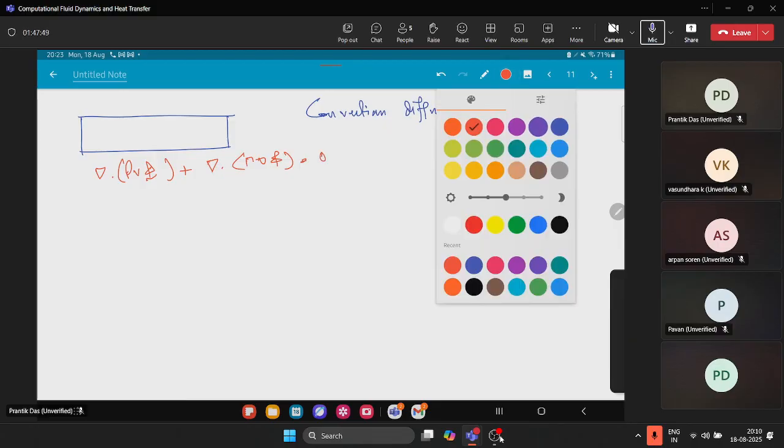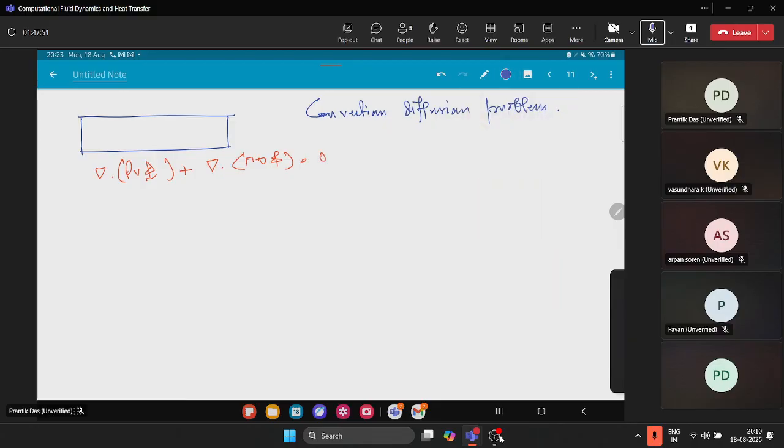So there are two terms. One is your convective term, another one is your diffusive term. As of now, you don't have to think about the nonlinearity itself, since I will give the velocity to be a constant one, and phi is your temperature field that you have to solve.